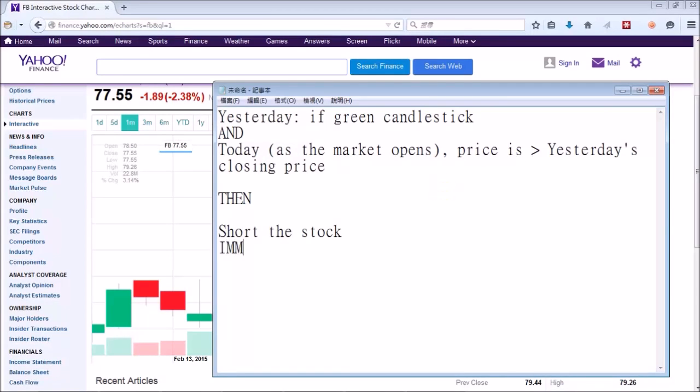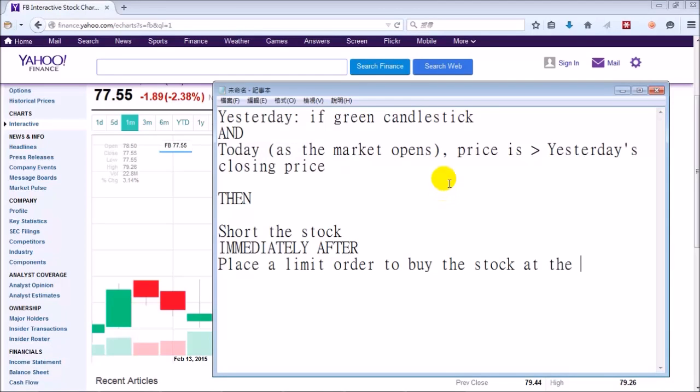And immediately after, you want to place a limit order to buy the stock at the same price we're looking at, yesterday's closing price.